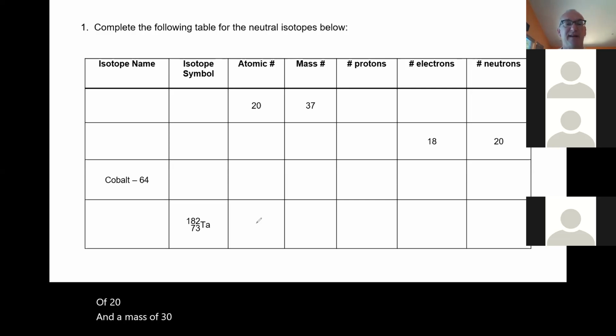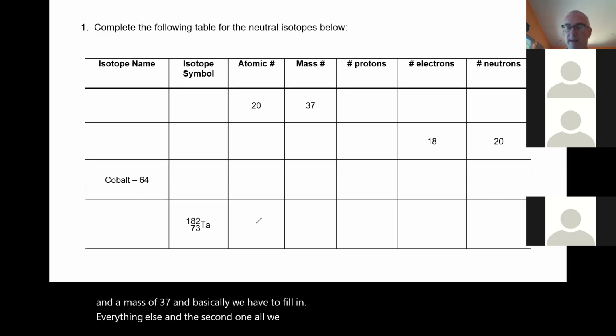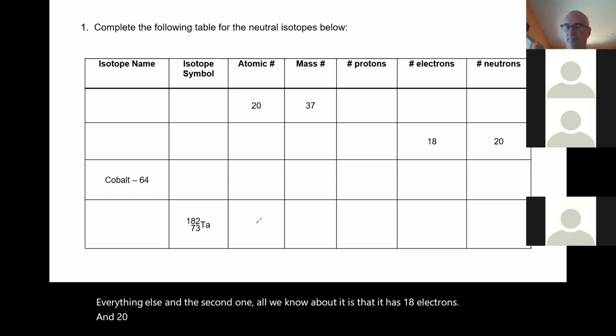Basically, we have to fill in everything else. And the second one, all we know about it is that it has 18 electrons and 20 neutrons. That's pretty much all we know.